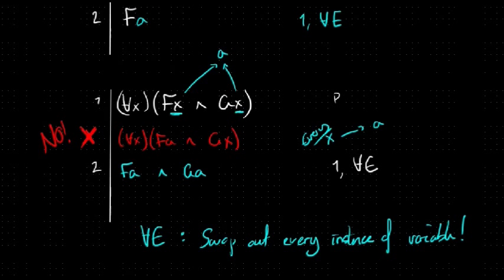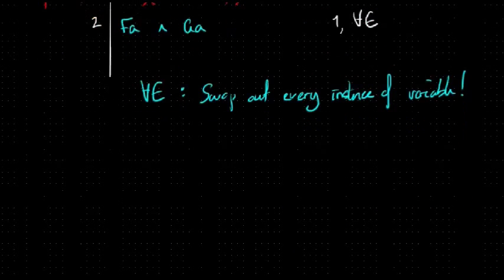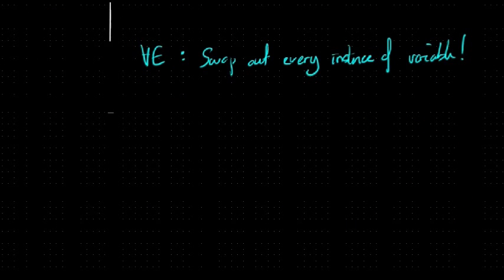The next thing to take note of with the universal elimination is that the universal quantifier that we're eliminating must be the main operator of the sentence.